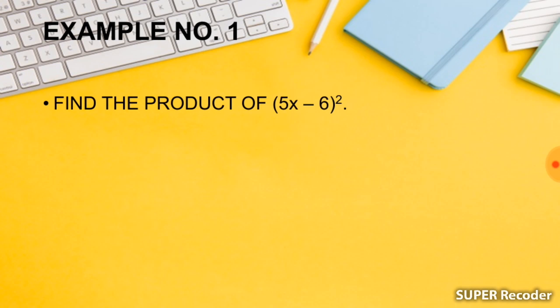For our first example, let's find the product of (5x minus 6) raised to the second power.